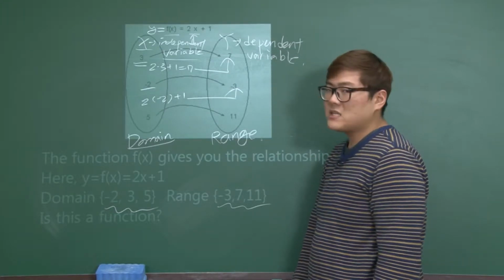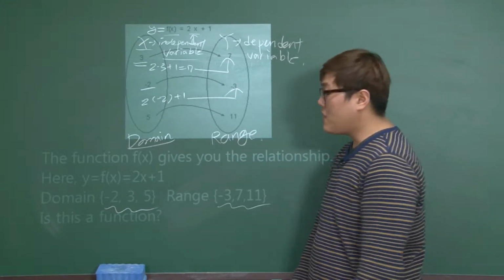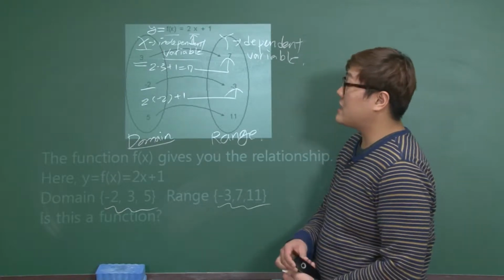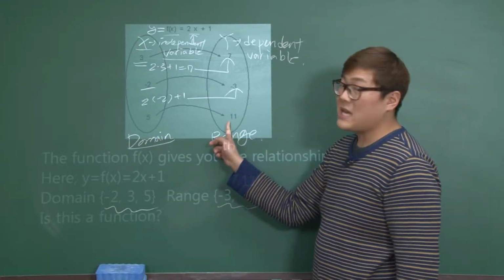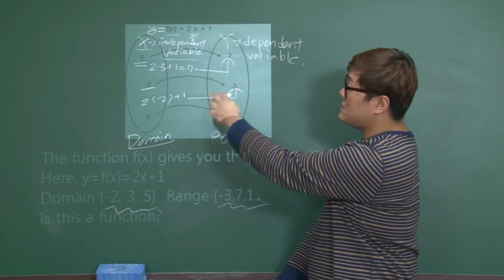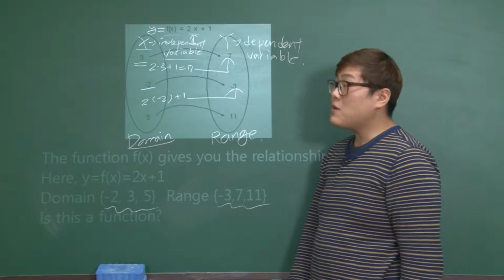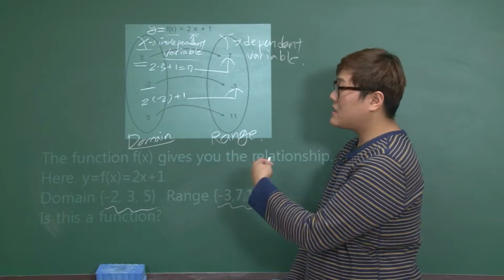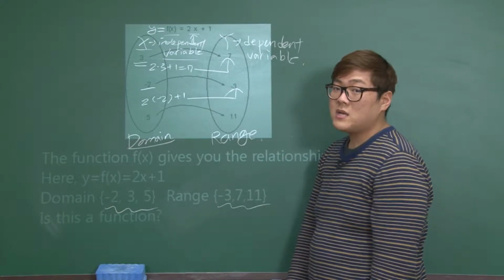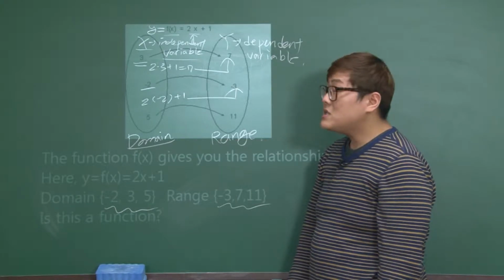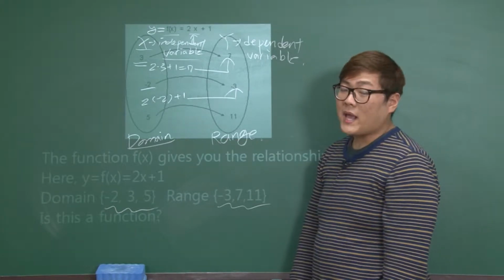So how do you tell if this is a function or not? First, is there a set of ordered pairs? Yes, there are 3, 7, negative 2, negative 3, 5, 11. And what about the next one? Is there a relationship? Yes, 2x plus 1. So there's some special relationship between x and y.